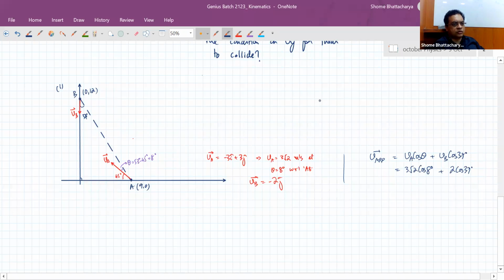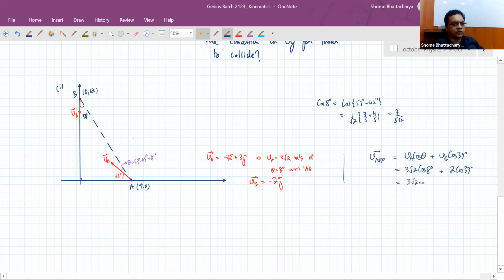Now I can write cos 8 as 1 by root 2 into 3 by 5 plus 4 by 5, so 7 by 5 root 2. It's very close to 1 actually, because root 2 is very close to 1.4. So it's just marginally less than 1, but anyhow.